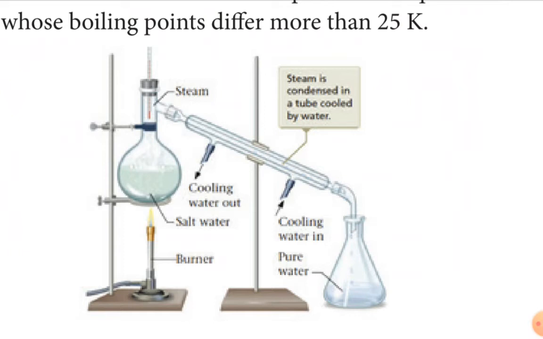Then the condenser is fitted with the flask. What is the work of the condenser? The condenser converts gas to liquid, vapor to liquid. So the condensed liquid is going to be obtained in a separate flask. That is called the distillate.